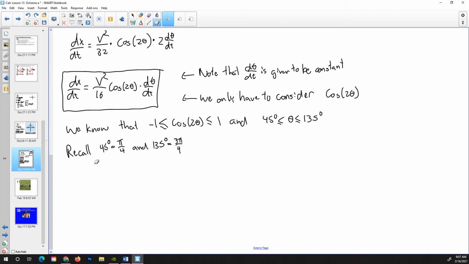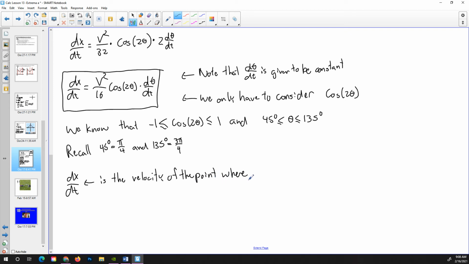So we want to know a few things about this. We want to know where it's going its fastest and where it's going its slowest. Since this expression right here, dx over dt, is the velocity of the point where the water hits the ground.